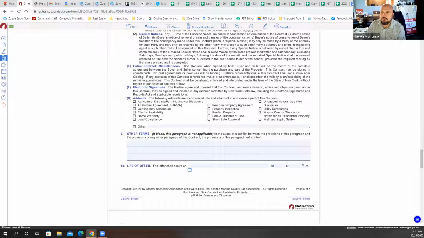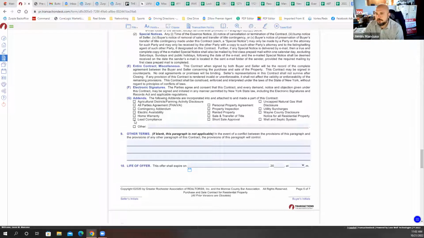So for example, if you didn't have the well and septic checked here, then an attorney could make an argument that that's not part of the contract. Therefore, you're not subject to a well inspection or a septic inspection in this case. Kind of a long shot type of example, but you just want to be diligent with what you're doing.